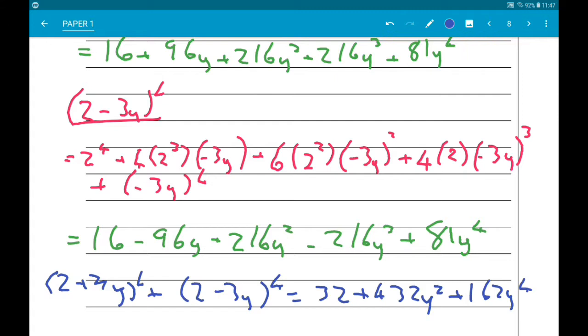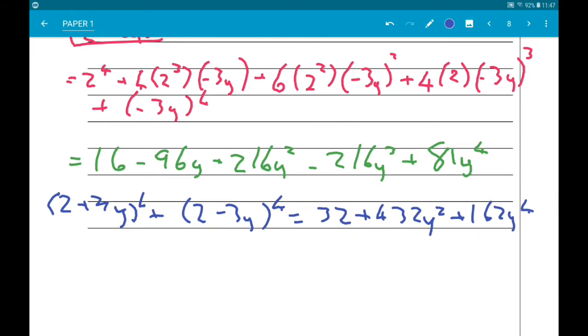Now, if y is real, we know that y squared can be either 0 or positive, so can y to the power 4. So we should then say for real y, y squared is greater than or equal to 0, and y to the power 4 is greater than or equal to 0.